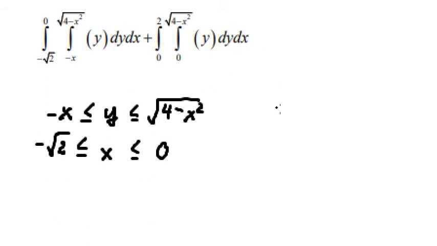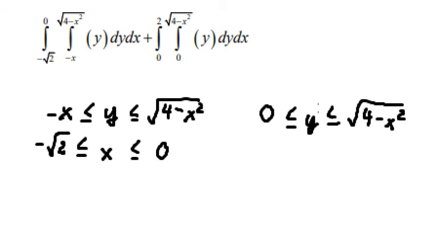And the second one, we do the same. Y is greater than or equals to number 0 and smaller than or equals to the square root of 4 minus s squared. dx, that is from 0 to number 2.